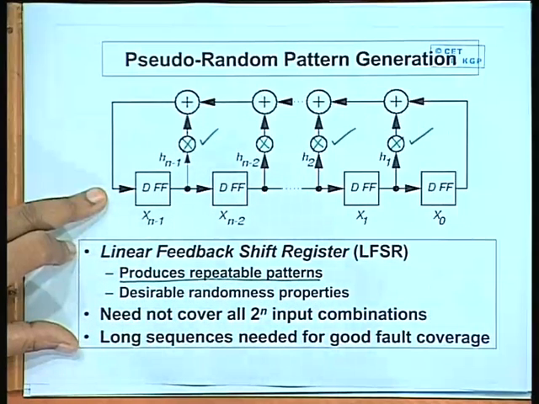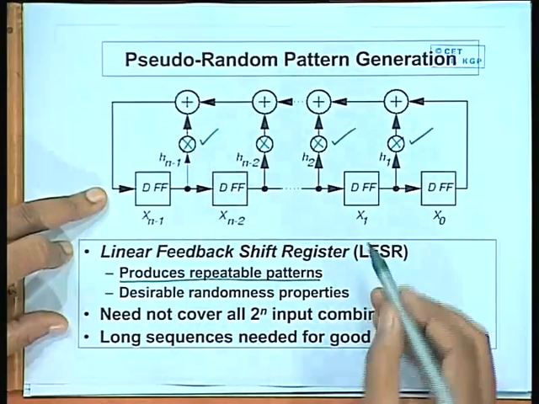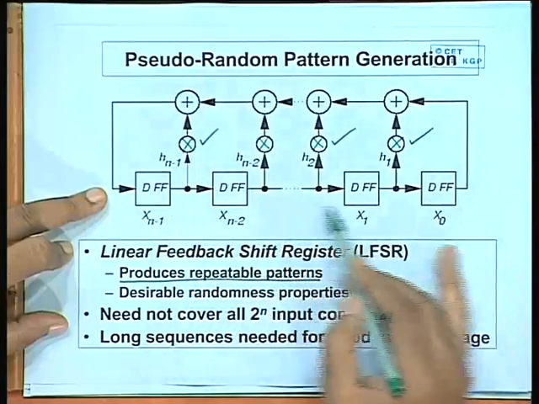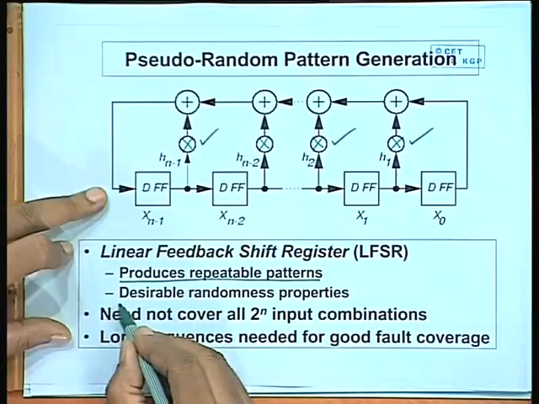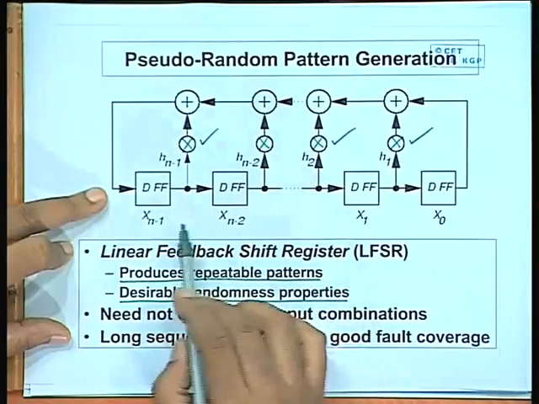It has been proved through extensive experimentation and analysis that the patterns generated by this kind of LFSR have the desirable randomness properties. So, we can treat them as random patterns, but a true random pattern should not be repeatable. Since this pattern is repeatable, we call it pseudo random.